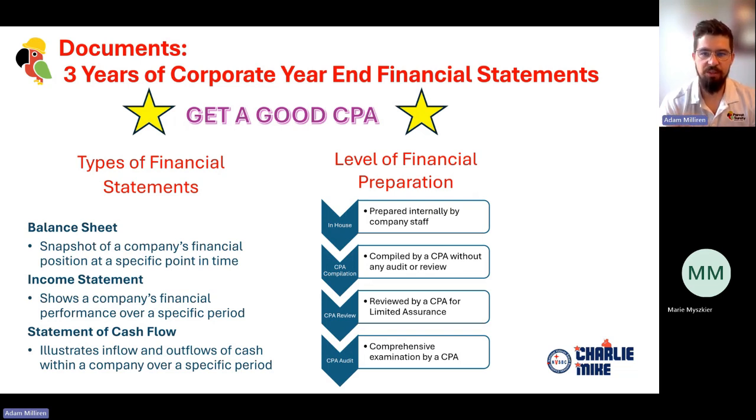And so each level of financial preparation brings increasing levels of assurance and credibility to the financial statements for the surety writers, and this helps them assess the risk and your financial stability and how much they can rely on those financial statements as they stand.